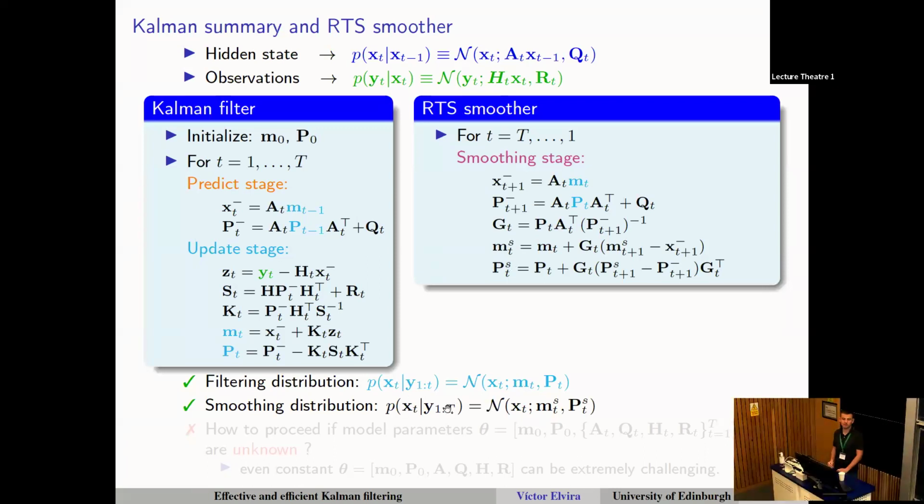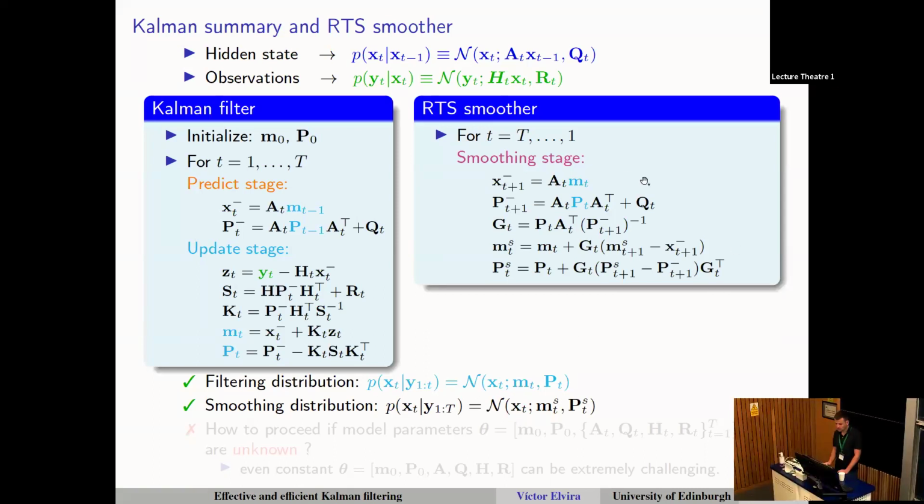Does it make sense? You use the information of future observations to refine the filtering solution, and you modify it based on how informative the new observations are about your unknown, which is to estimate where this person was, the hidden state, at time 7 in my example. Make sense? Okay. So in two passes, forward and backward, you get the smoothed estimate.